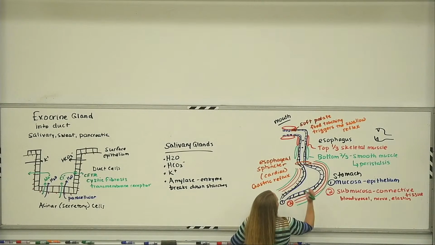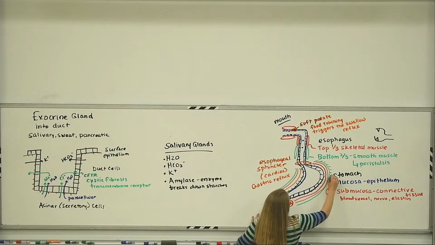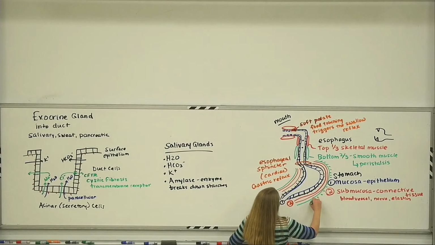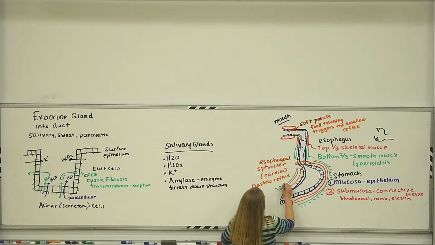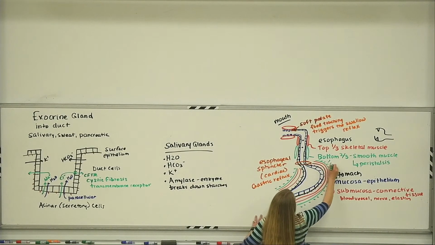Then you're going to have a circular layer that wraps around the stomach. And then you have one that's oblique, it goes diagonal.